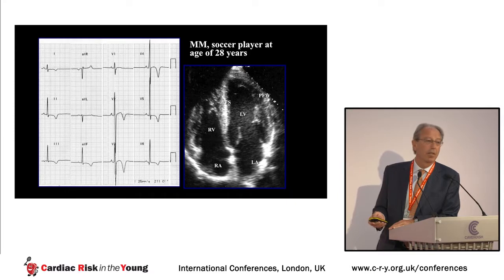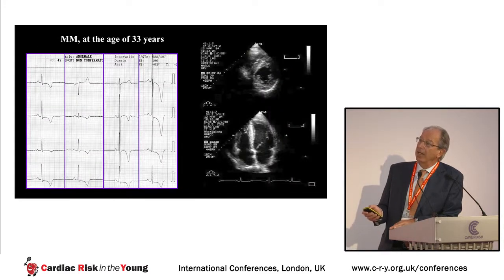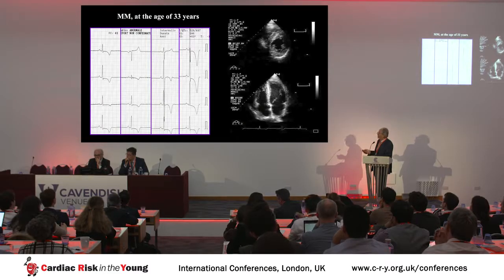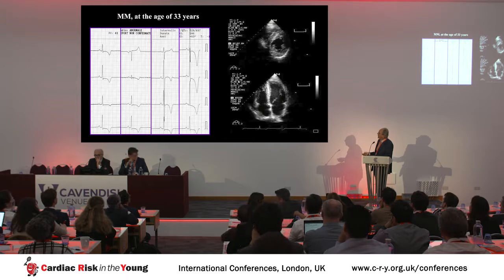Obviously, we were looking at this and we were crazy about it. How can this abnormal EKG be possible in the absence of anything, no symptoms, no family history, nothing abnormal in the cardiac structure? But just 3 years later, the EKG was even worse. So finally, we were able to identify the development of hypertrophy, which mostly affects the apex.